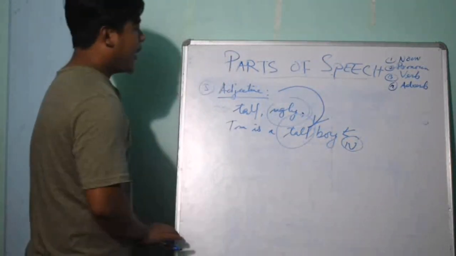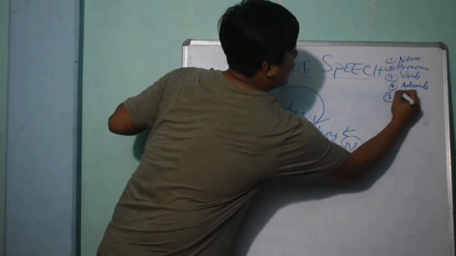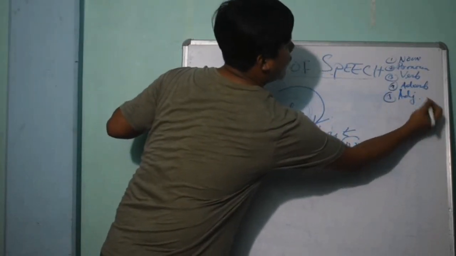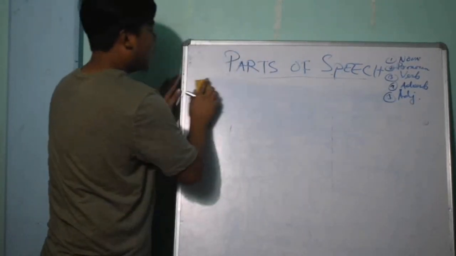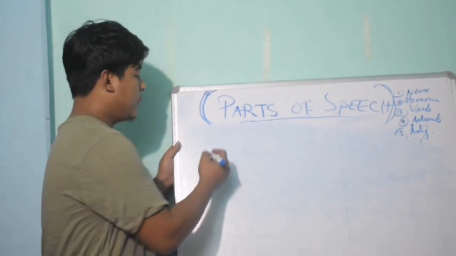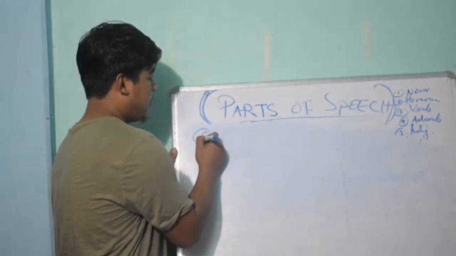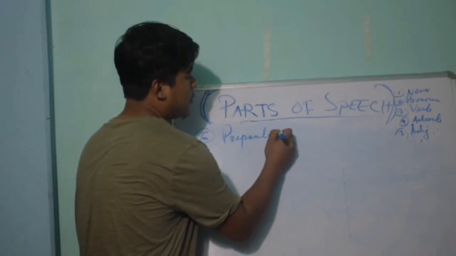Okay, the next one, number 5, we have done adjective. Now we'll move on to the next one, that is number 6, preposition.